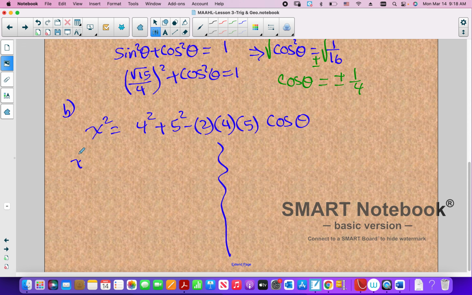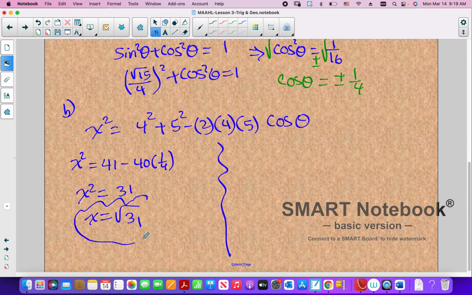So x squared is equal to 16 plus 25, that is 41, minus 2 times 4, 8, times 5, 40, times cosine theta 1 over 4. That'll be x squared is equal to 31, or x is equal to square root of 31. That is one value for the length of the third side.